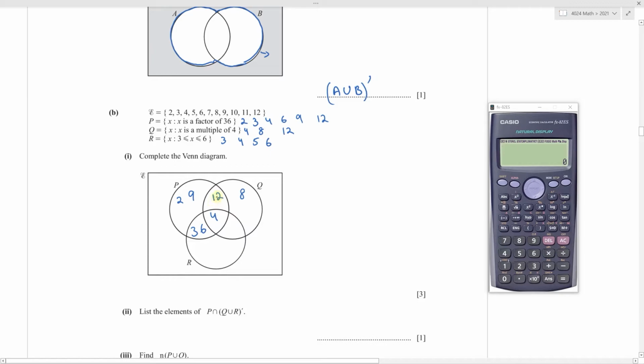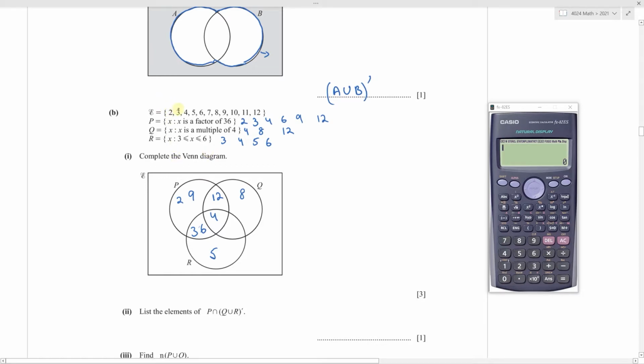And then 12 is already here in this intersection of Q and P. And then let's look at R. 3 is here, 4 is here, 5 we haven't written yet, so 5 will be here, and 6 is here. And then we have to look at numbers that will be outside of all of these circles representing P, Q, R.